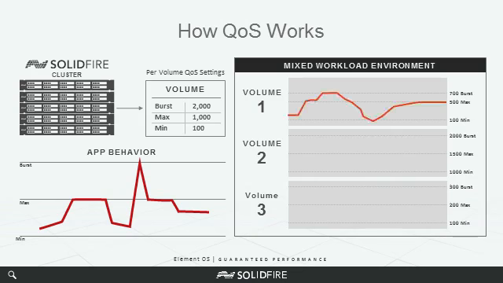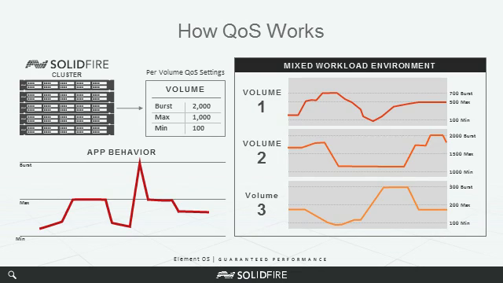And each of these can have custom settings. So we can have one that has a minimum of 100 and a maximum of 500. We could have another volume that has a minimum of 1,000 with a max of 1,500. We could have a third volume. All of these, regardless of the I/O patterns, regardless if one is Oracle databases, one is a test dev environment, one is a VDI deployment, every one of these volumes is always going to have its QoS respected, regardless of how busy the platform is.